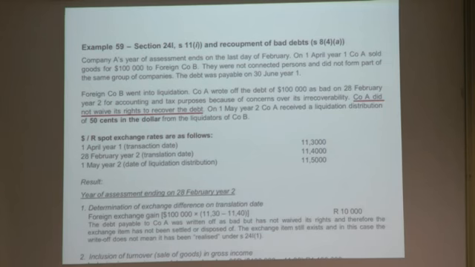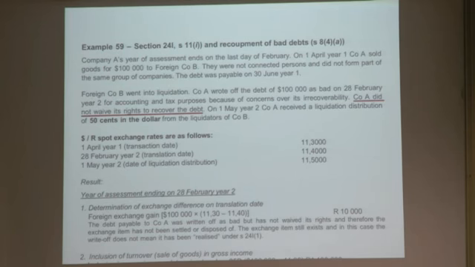It says that we have a company with a year end of February. On the 1st of April, year 1, they sold goods for 100,000 Rand to the foreign company. They were not connected persons, and did not form part of the same group of companies, and the debt was payable on the 30th June of year 1.